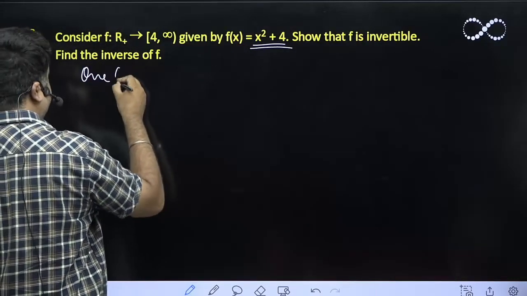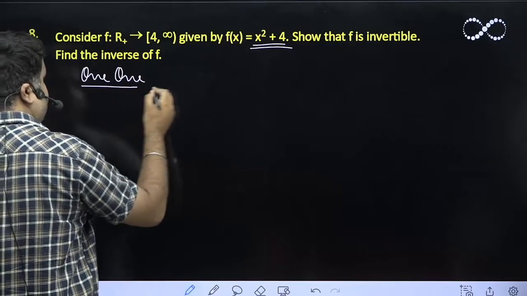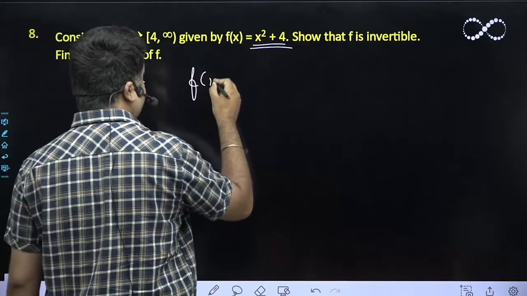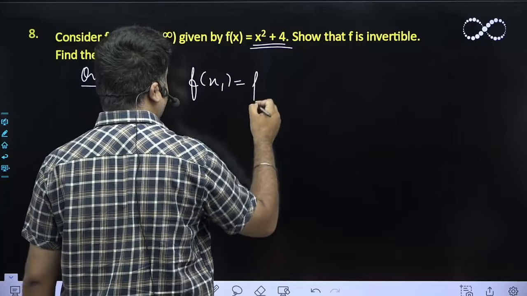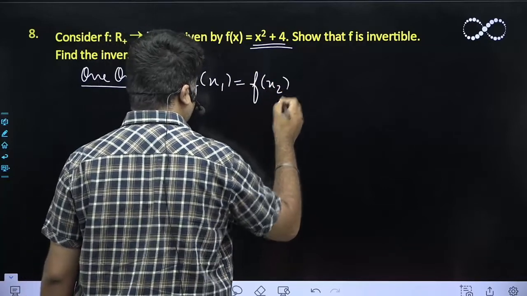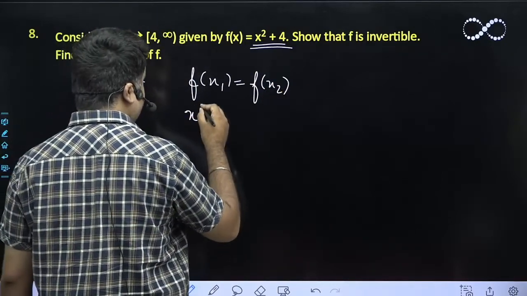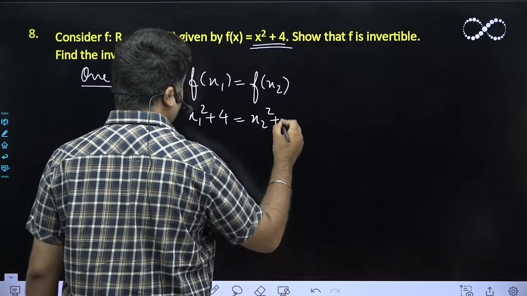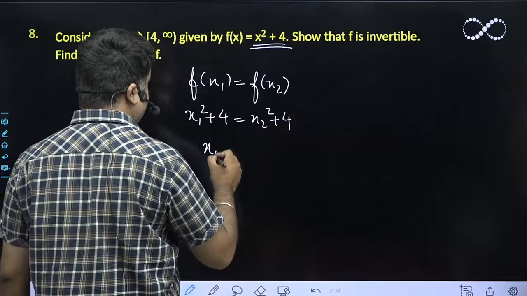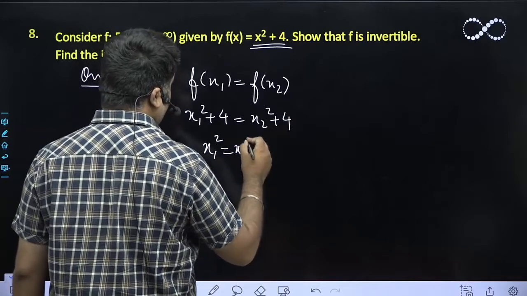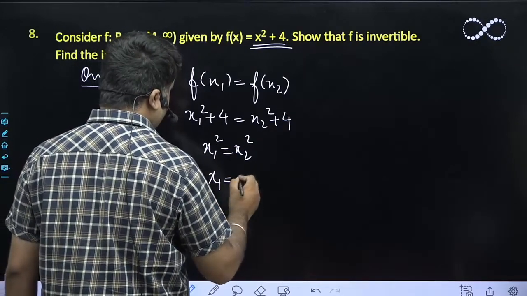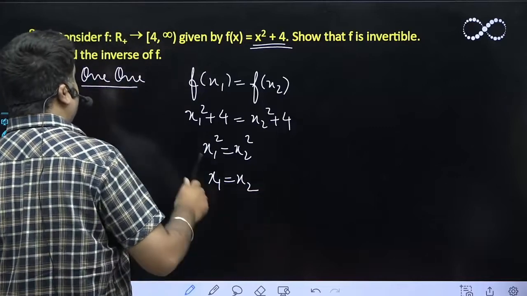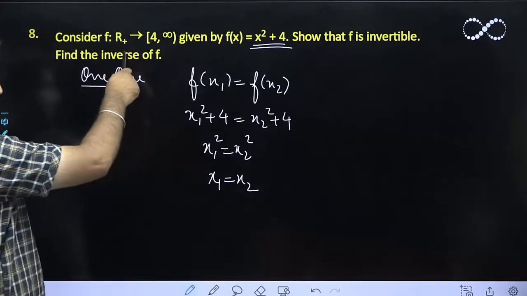For one-one function, again the same condition, f(x1) is equal to f(x2). So you get x1 squared plus 4 is equal to x2 squared plus 4. You get x1 squared is equal to x2 squared. You get no negative values because this function is defined from R plus.